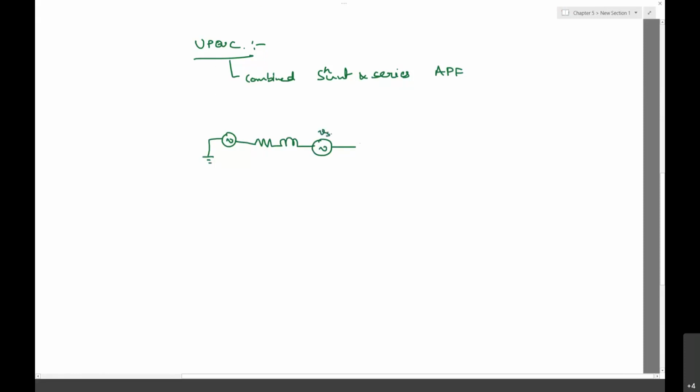It has the source, the compensator or the filter, and the load. They may connect this to the source side, or it may be connected to the other side also.